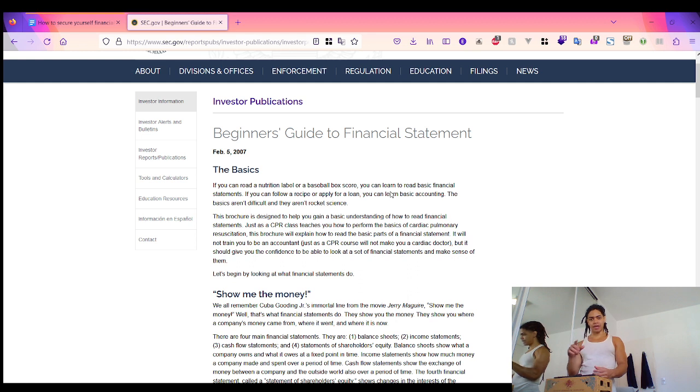Assets are anything that the company owns that has value. Typically, they can be sold or can be used to make products and services to be sold. For example, inventory is one way you sell your assets.